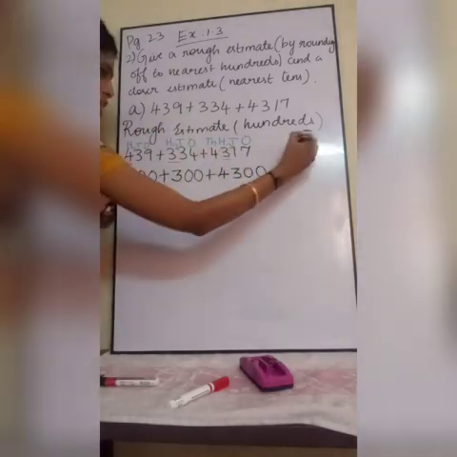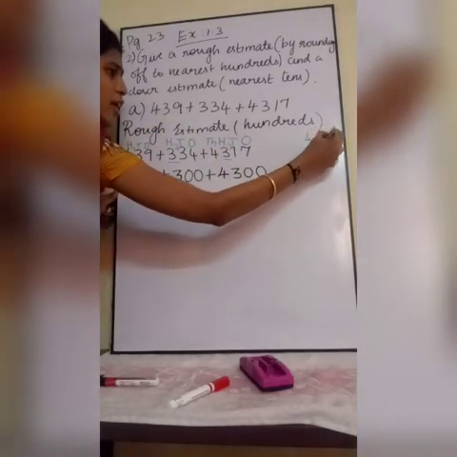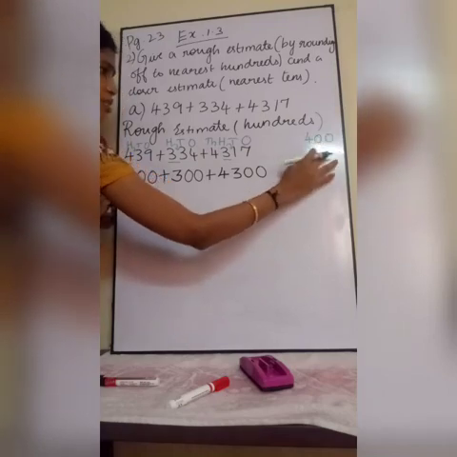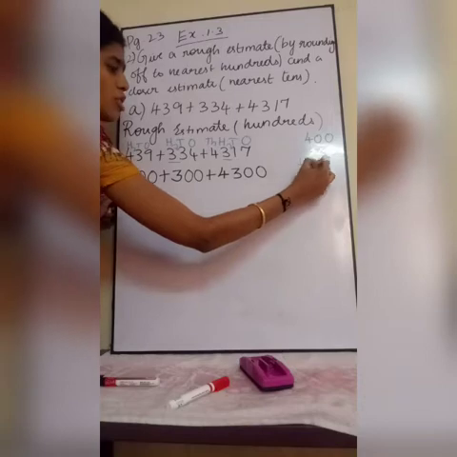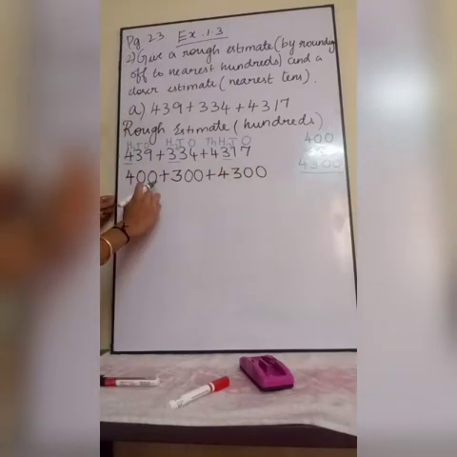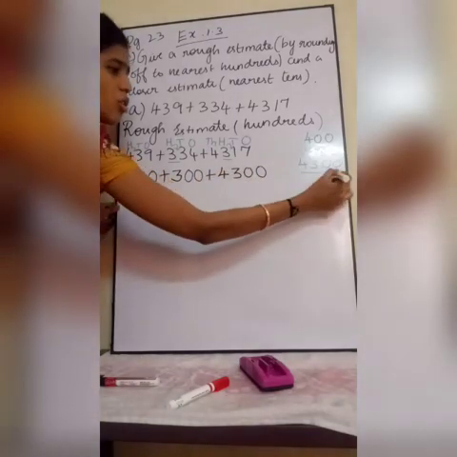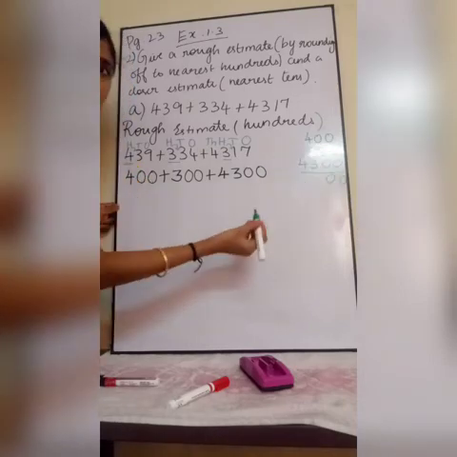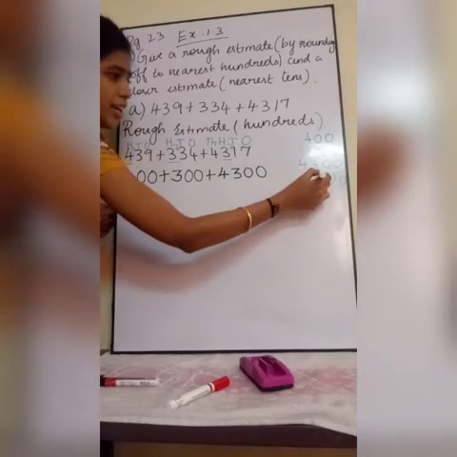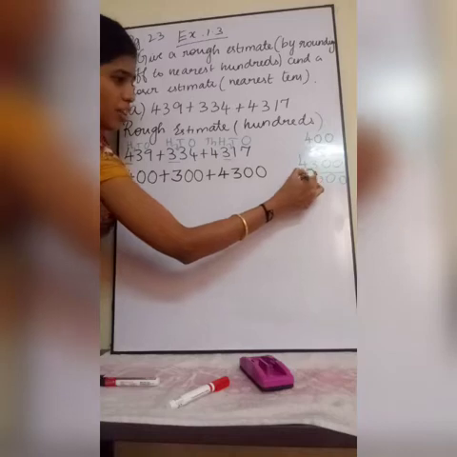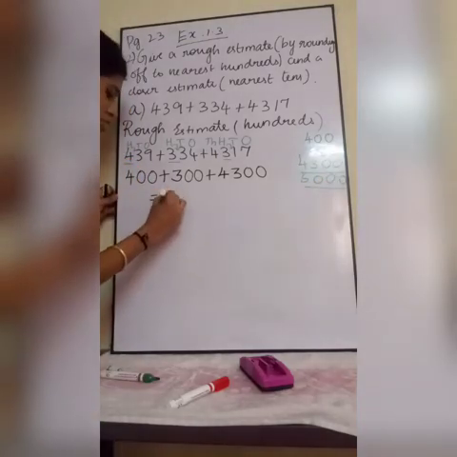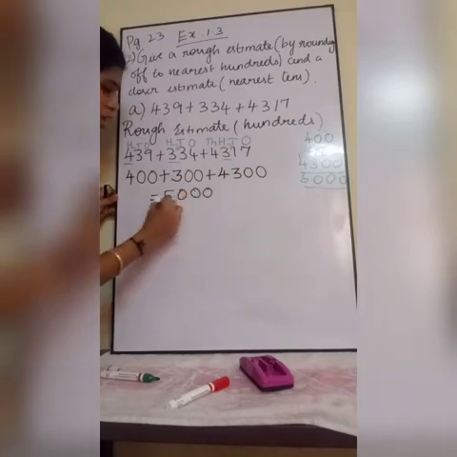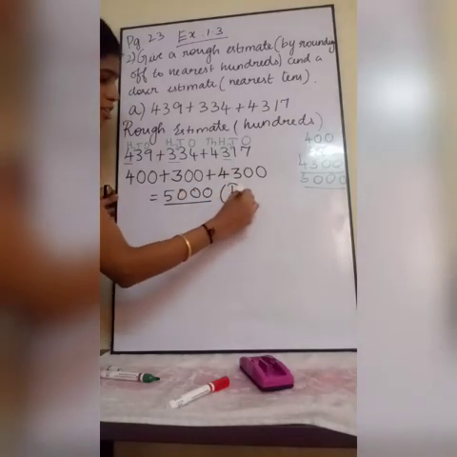Listen, you can add and see: 400, 300, 4300. 0, 0, 4 plus 3 is 7, 7 plus 3 is 10, 1, 5000. So my answer is 5000, which is my rough estimate.